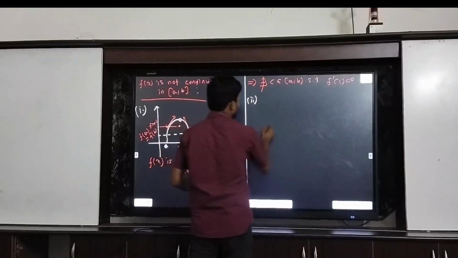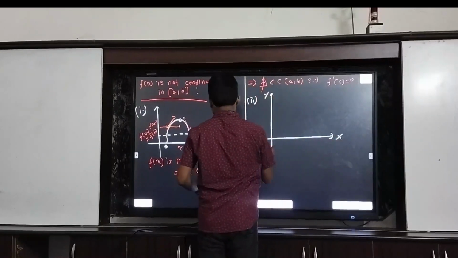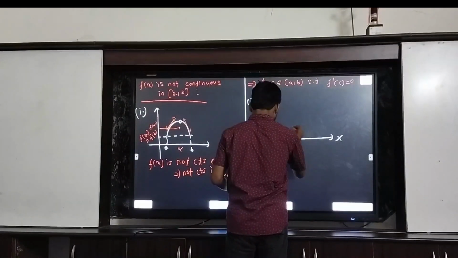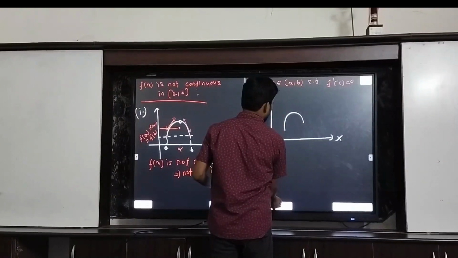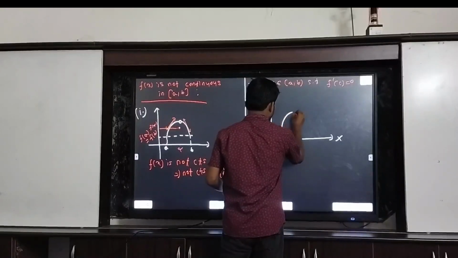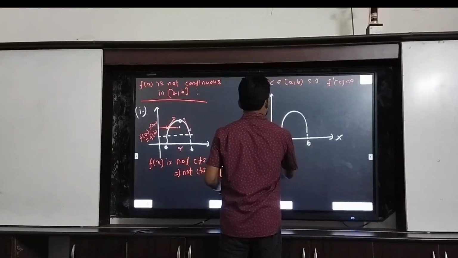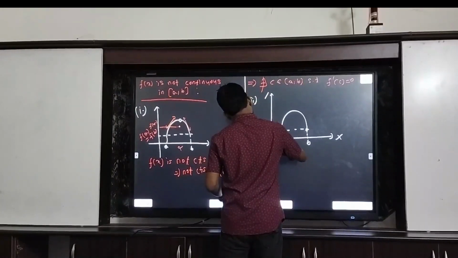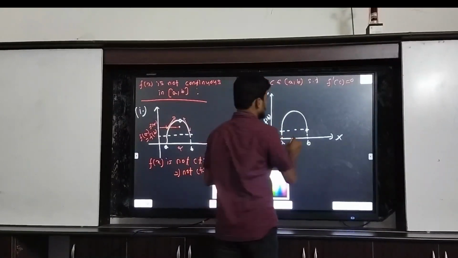Second observation. Suppose our graph looks like this, and we have a discontinuity at this point.